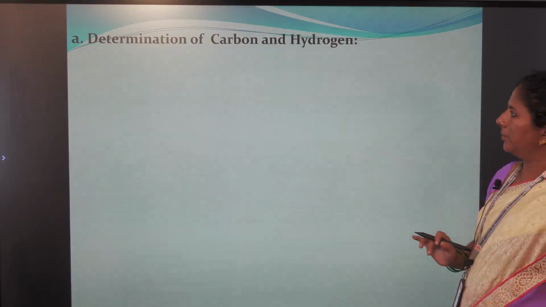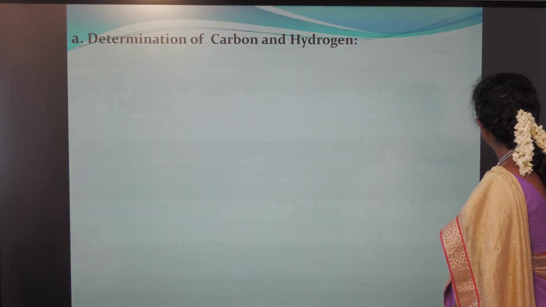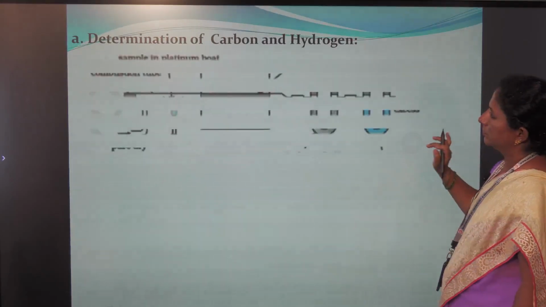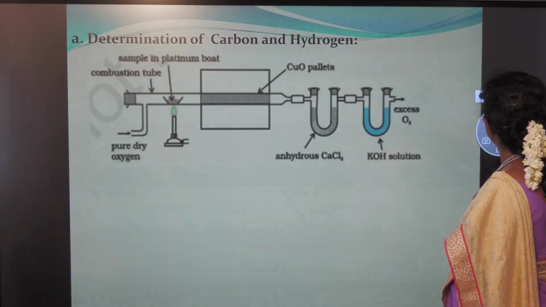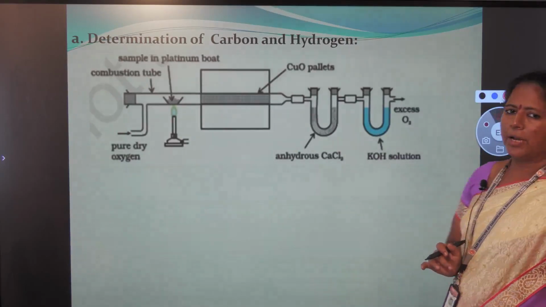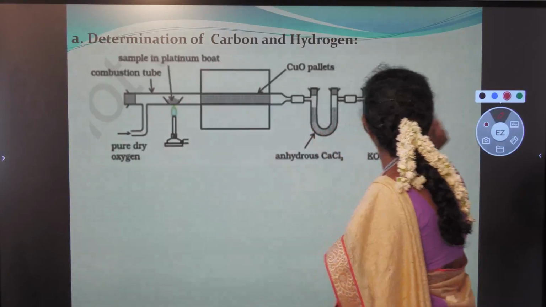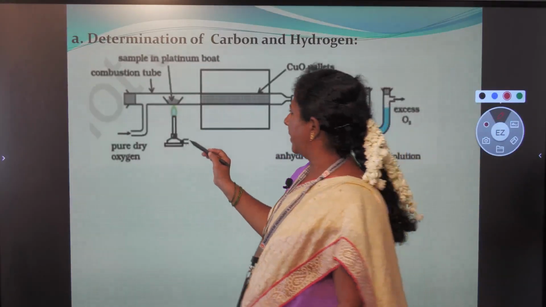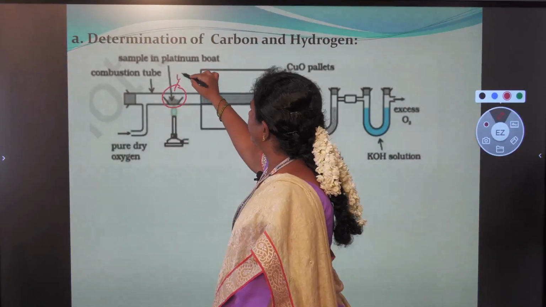Now coming to the determination of carbon and hydrogen. So this is the apparatus that is used for determining the percentage of carbon and hydrogen. So here a known sample of coal will be burnt in a combustion apparatus.